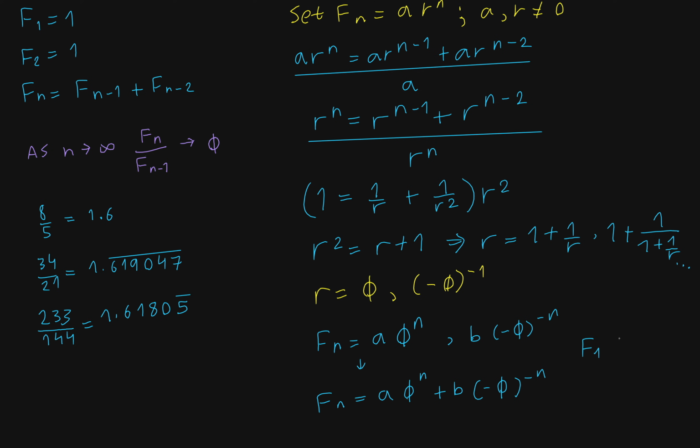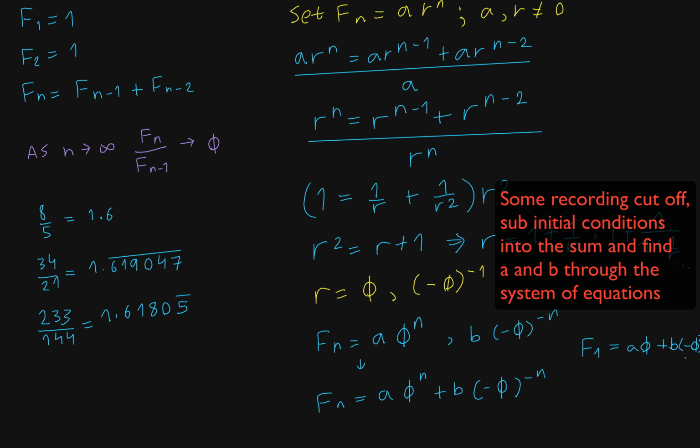Basically, you just use f of 1 is equal to a times phi plus b times negative phi to the negative 1, and then f of 2 is equal to a phi squared plus b times negative phi to the negative 2.